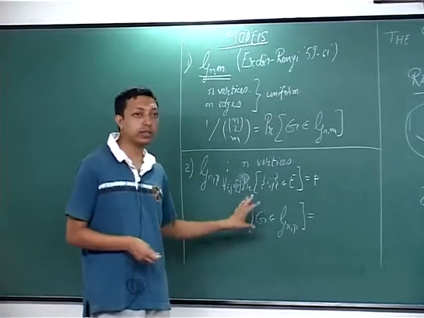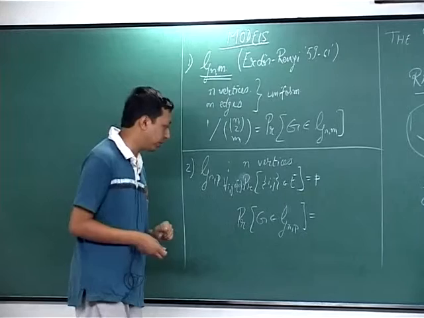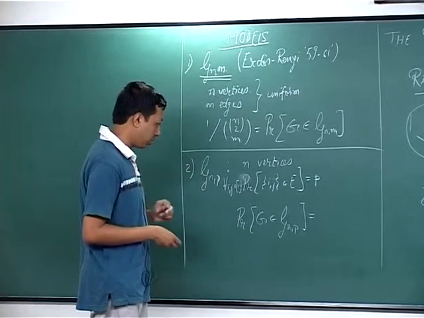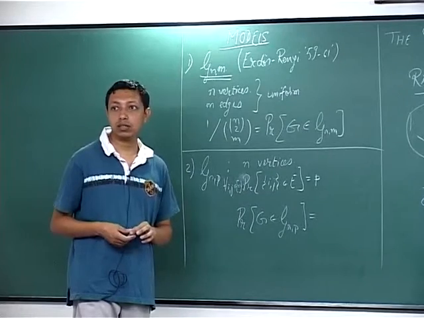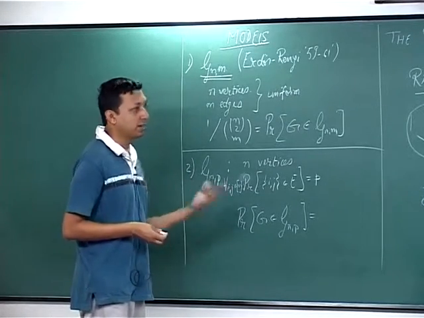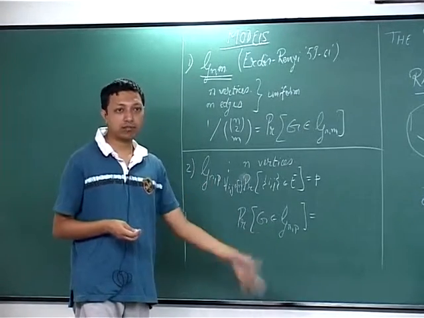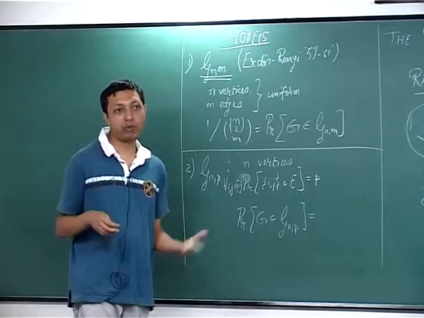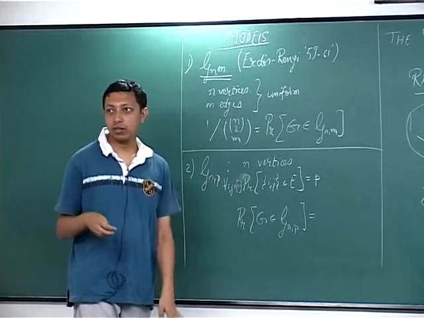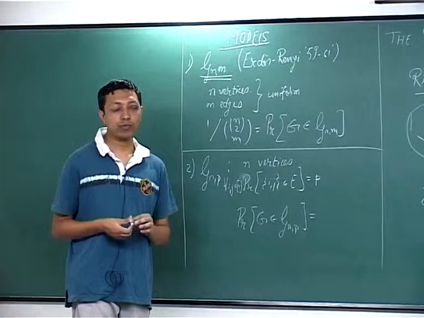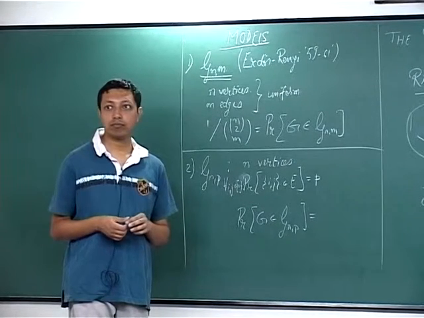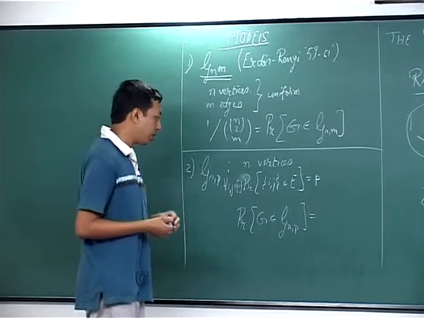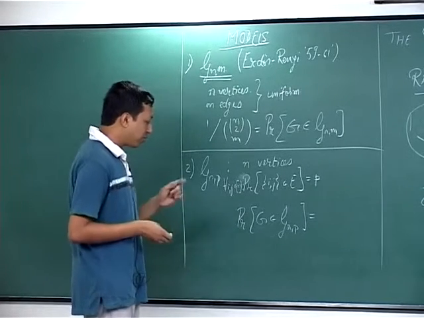It has n vertices, let's say, of course otherwise it doesn't make sense. You can also assume it has a fixed number of edges, let's say m edges. It's not that hard.